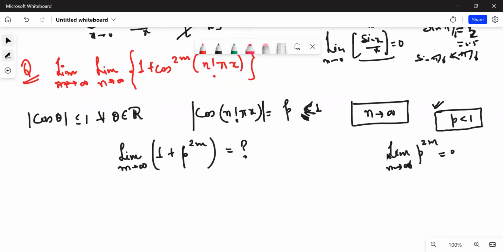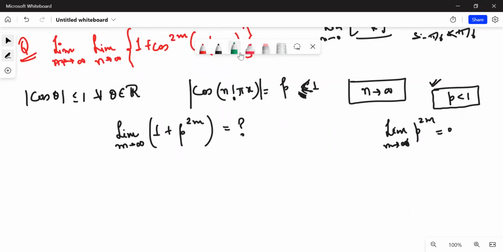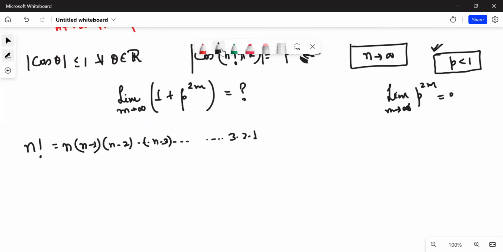Okay, now what I want to convey is, अब ये तुम्हारा थॉट पैटर्न होना चाहिए सोचने का. अब ये सोचो कि n factorial in any case would be some like this kind of expansion, n minus 1, n minus 2, n minus 3, इस तरीके से कुछ चलेगा 3 to 1. Now I'll take two cases here.